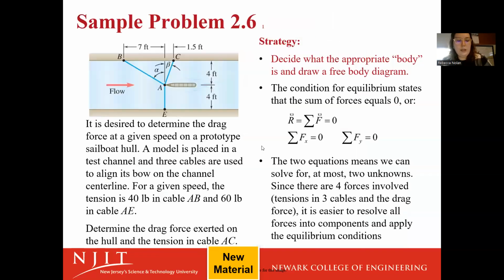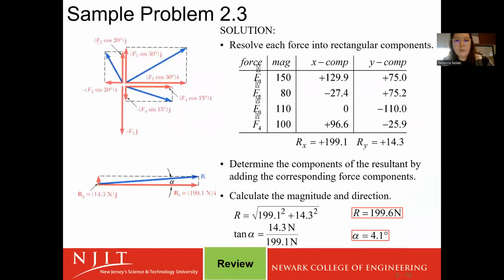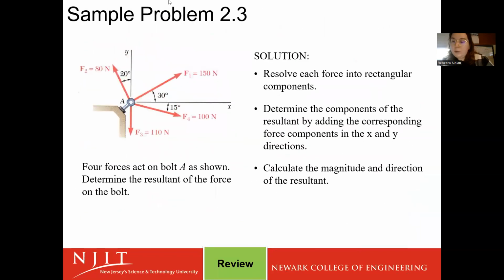So there's going to be kind of 2 types of questions with our XY component method. The first is going to be like sample problem 2.3, where it is, here is a situation, determine the resultant of these forces. So in this case, the reason this one's not in equilibrium is this A, where this is bolted, it's going to balance all the forces that it's faced with.